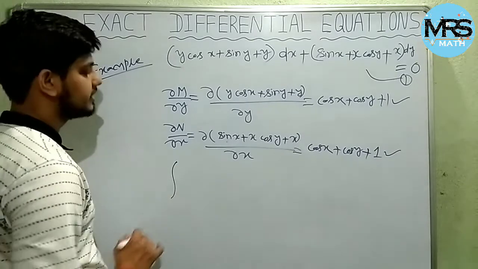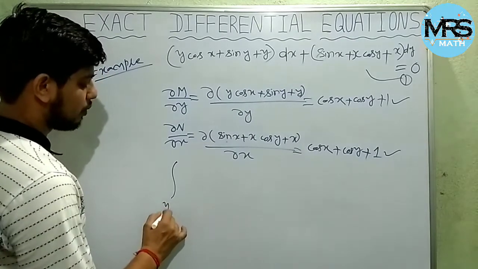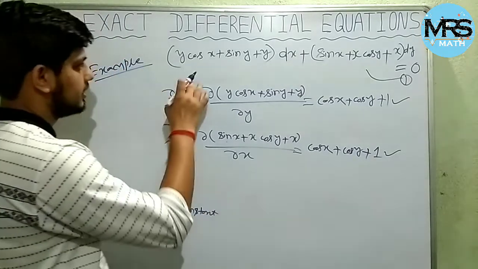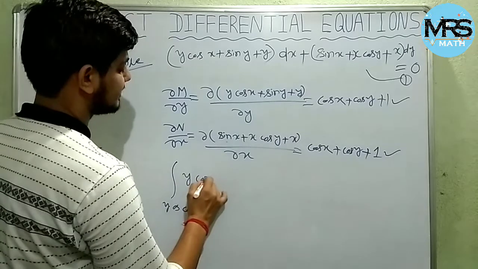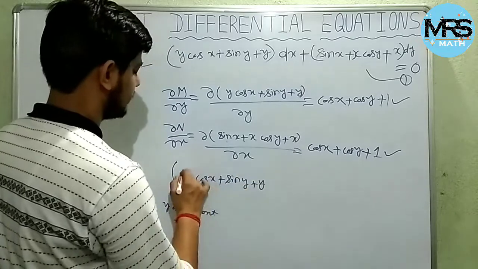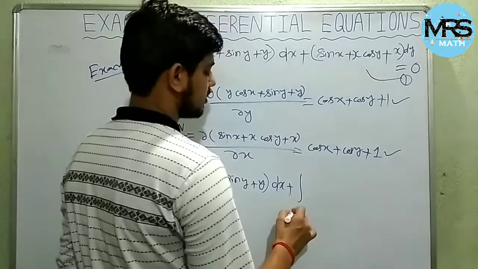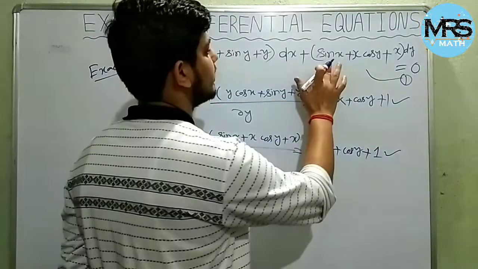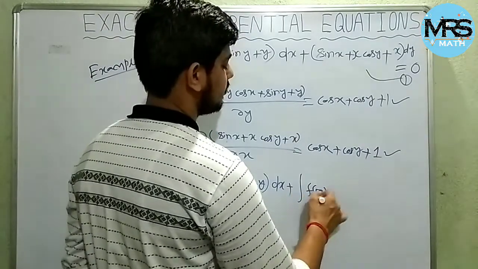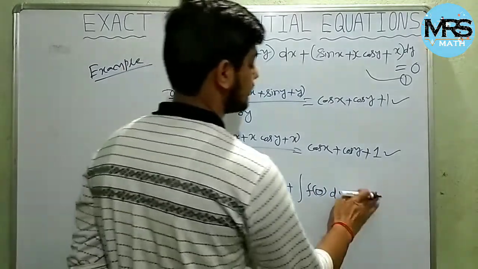So how will we get the solution? First we will integrate this function with respect to x, taking y as constant. So we integrate (y cos x + sin y + y) dx plus the terms which do not contain x, but here all the terms contain x, so here we can take 0 dy, equal to some constant c, correct?